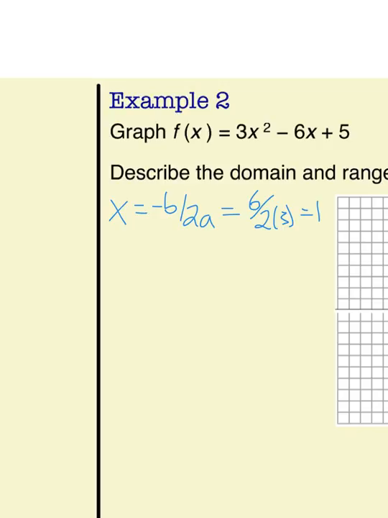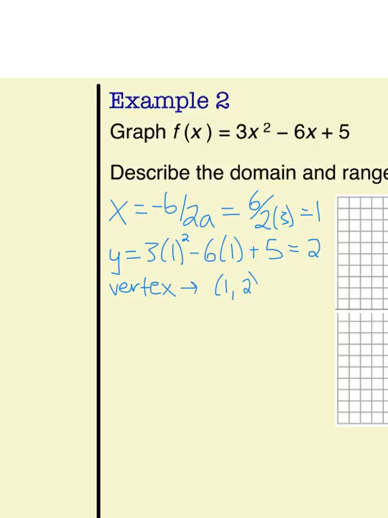That also means our axis of symmetry is at x equals 1. I'm going to plug in 1 for x to find the y value of the vertex. Y equals 3 times 1 squared minus 6 times 1 plus 5, which ends up being 3 minus 6 plus 5, which is positive 2, which means our vertex is at 1, 2.